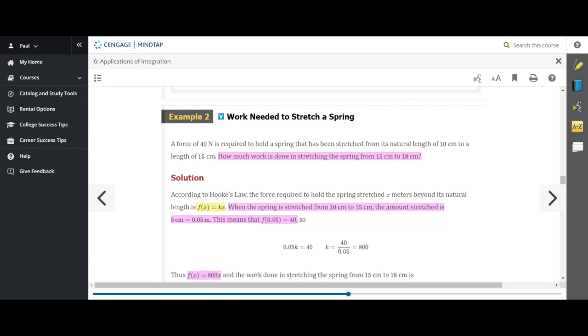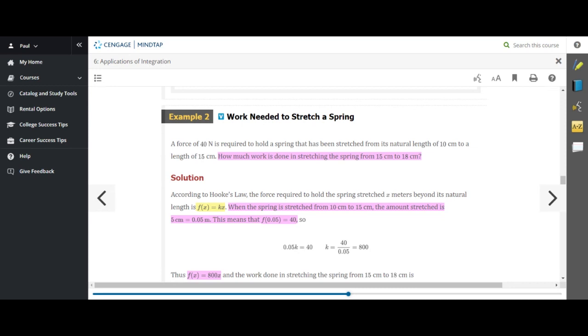Sometimes they might, but centimeters may be better for measurement purposes. Then we have to remember, when we work the problem out, to convert centimeters to meters. Newtons goes with meters, but it's no problem to convert. So 5 centimeters equals 0.05 meters. Good question.